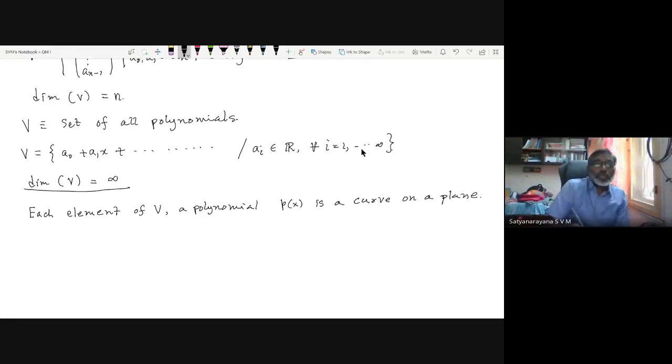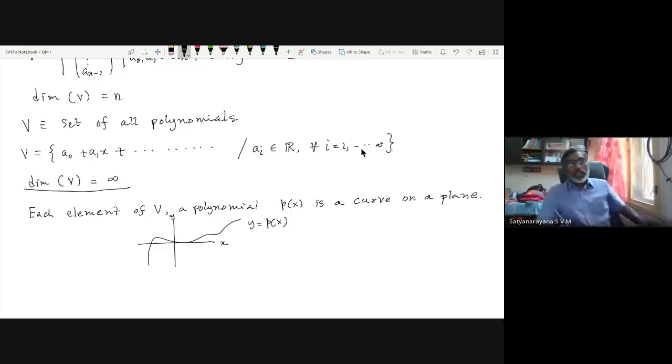I can always draw it: I take some x and y, and this will be some kind of curve like this. This will be your y equal to p of x. Correct? I can draw this. Now when I consider the set of all possible polynomials, that means there are different curves on the plane like this. That set will form an infinite dimensional vector space.